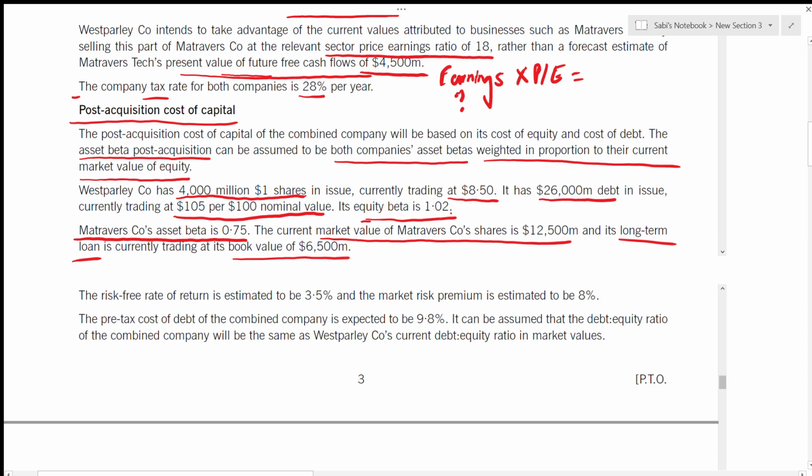Now the risk-free rate of return, yes, you'll be given such a risk-free rate and risk premium, because you have to find the cost of equity using the capital asset pricing model. So the risk-free rate is 3.5% and market risk premium is 8%. You have to find the cost of equity using the CAPM.